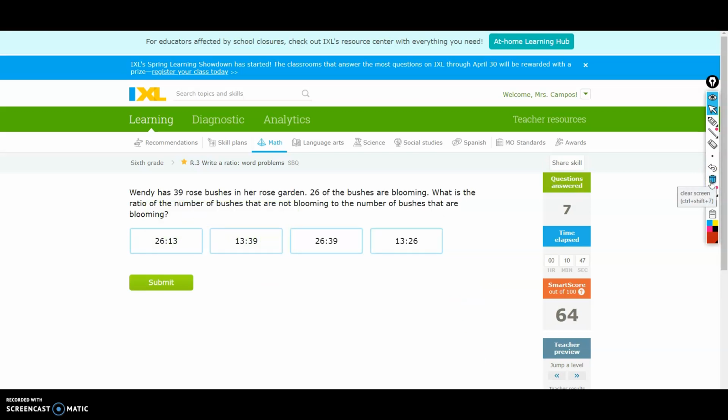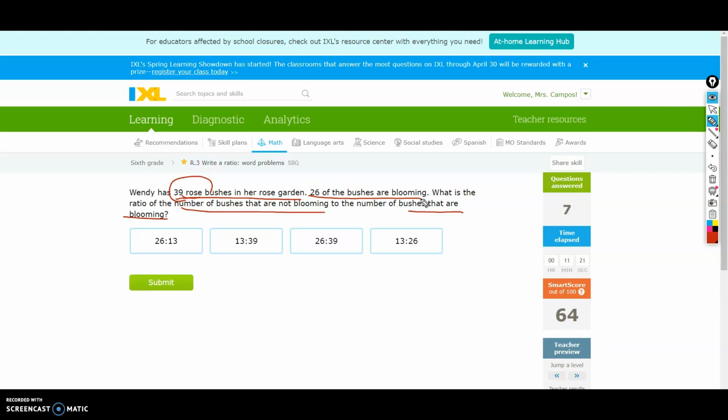All right. Wendy has 39 rose bushes in her rose garden. 26 of the bushes are blooming. What is the ratio of the number of bushes that are not blooming to the number of bushes that are blooming? Okay, so we have 39 rose bushes in her whole garden. So that's our total number. 26 of them are blooming.